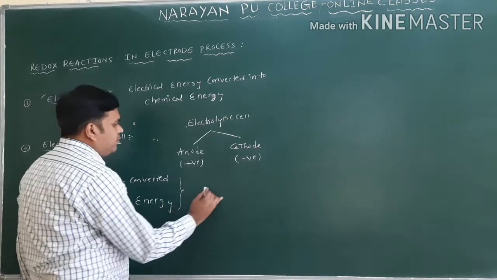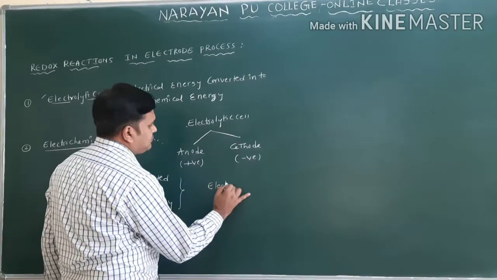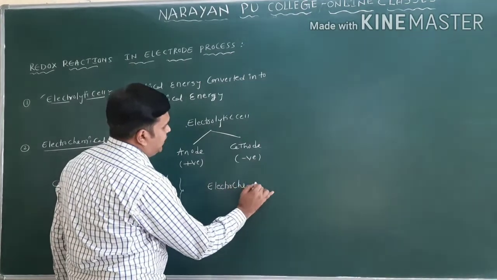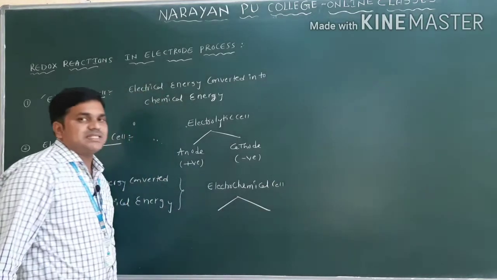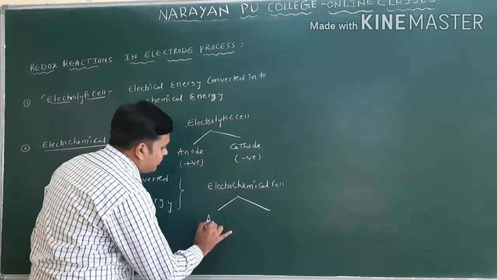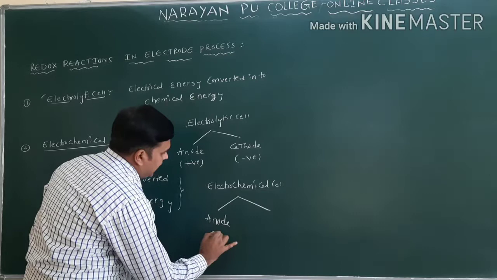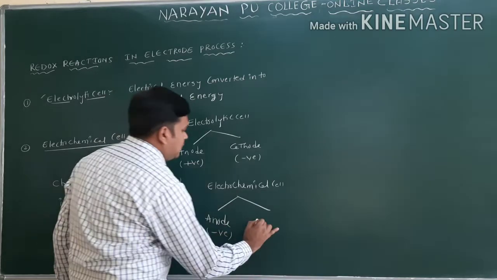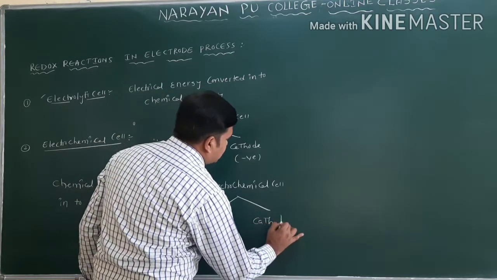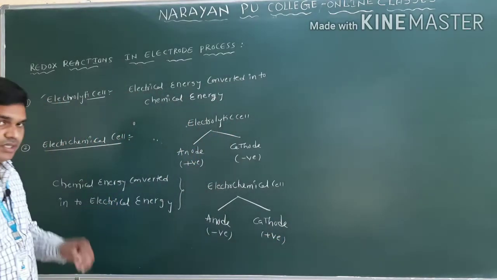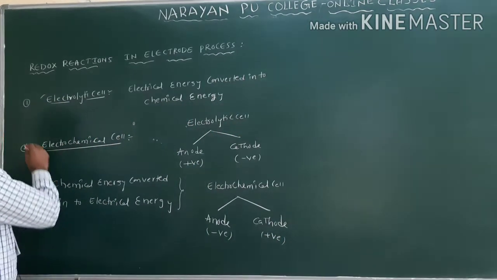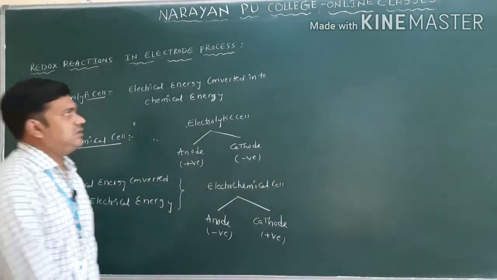In this electrochemical cell, anode is the negative terminal and cathode is the positive terminal only. So in today's discussion we have to discuss the electrochemical cell only.